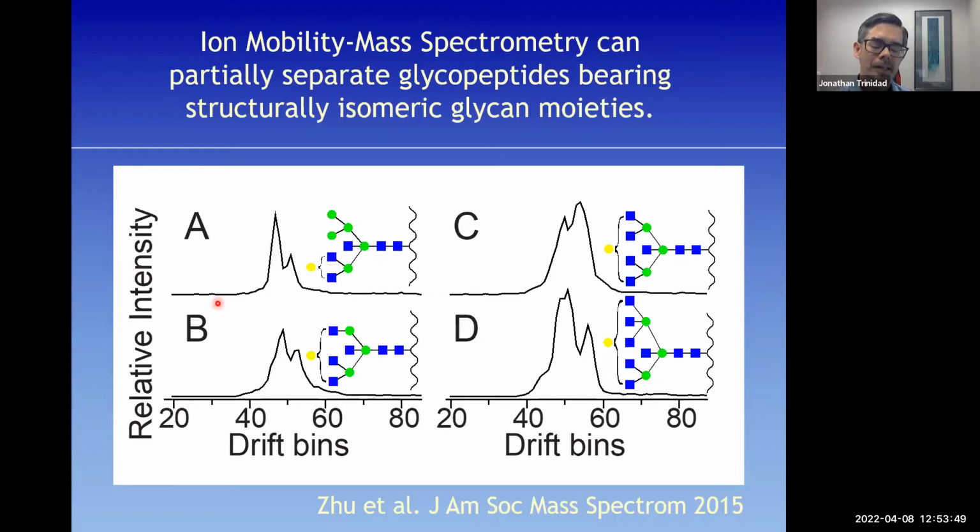And using an ion mobility chamber, which is essentially, in a nutshell, a gas phase sort of SDS-PAGE gel, we can separate things based on how easily they move through a gas field, because the more compact they are, the more easily they'll move through. And we can see how they move through as a function of time.